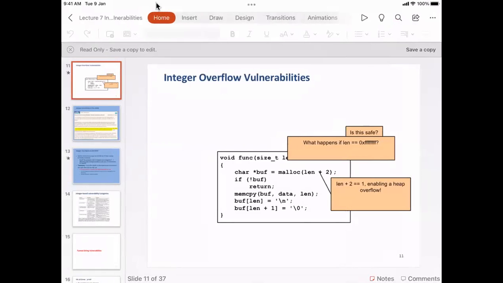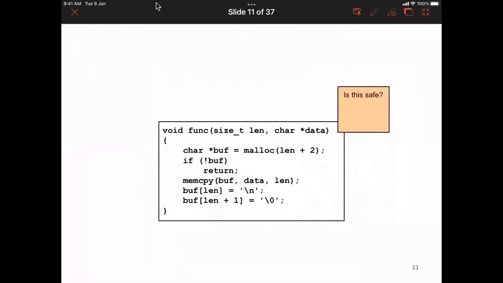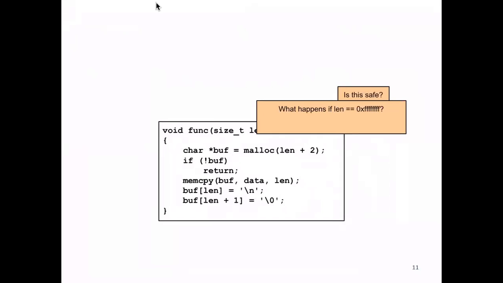Now let's see. It is not safe, because if len, which we're defining here, happens to be the maximum value, note that it is an unsigned integer. This is also unsigned. So if you add 2 to this one, what will it become?